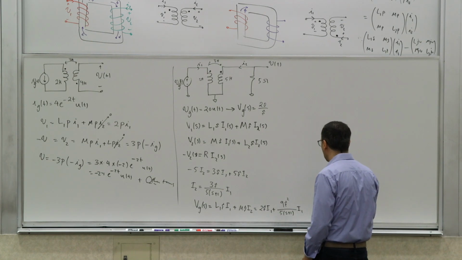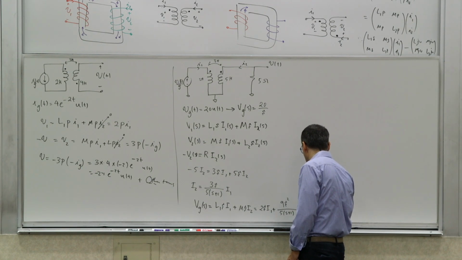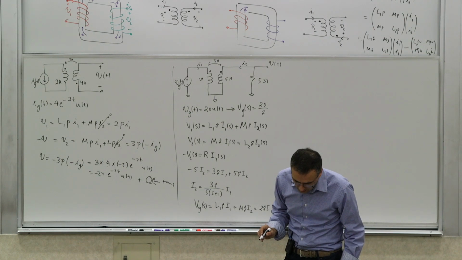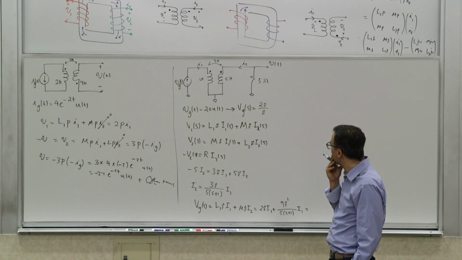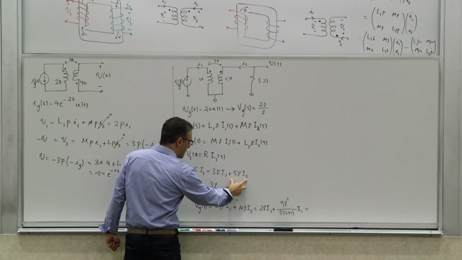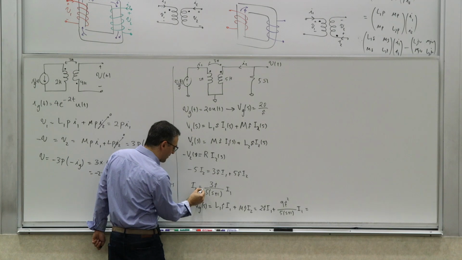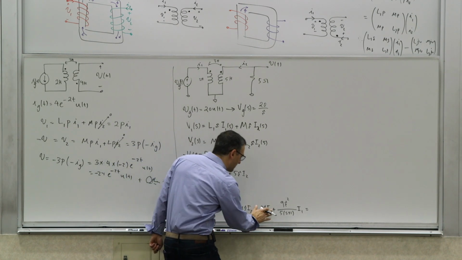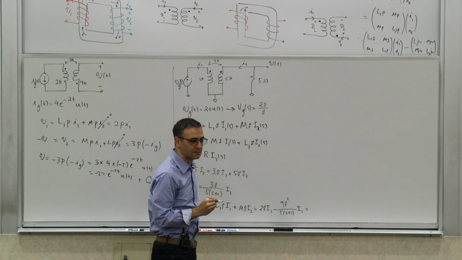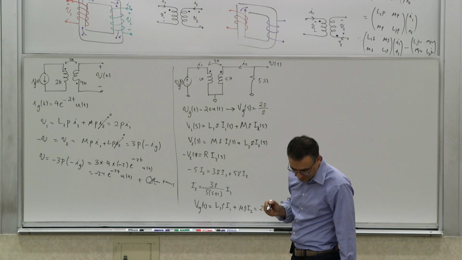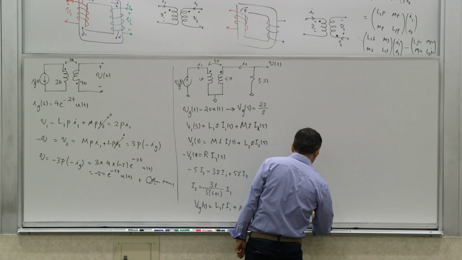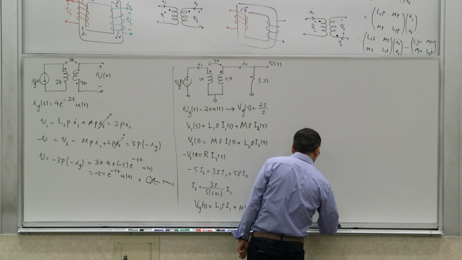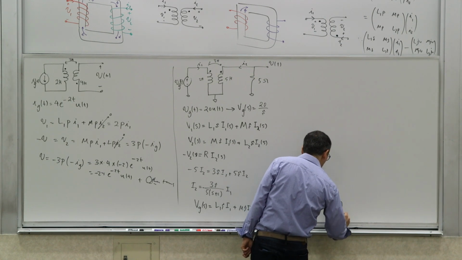And if you just add them up, I think what you get, let me just double check. Yeah, the only thing is that here I missed the minus sign, because I have to move this to the other side, right? So there's a minus sign in front of this thing. So this becomes negative, minus that. So that's one little error there. Okay, so then you have 2S minus 9S squared over 5S plus 1 times I1.